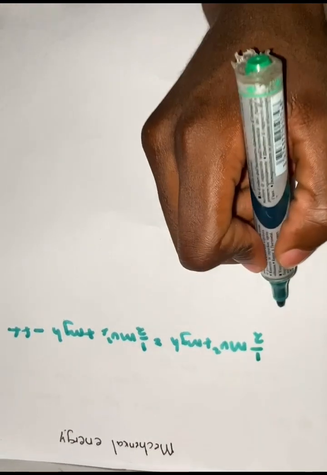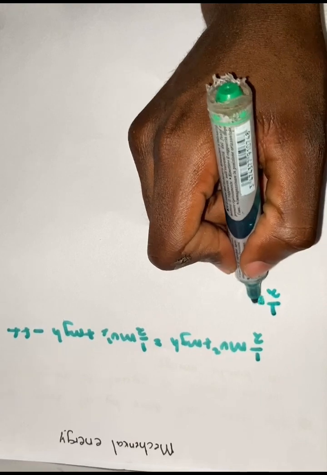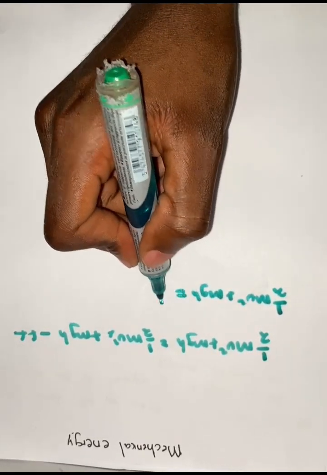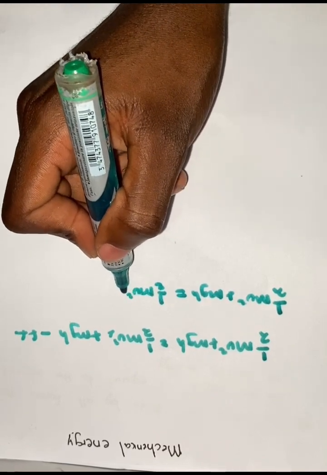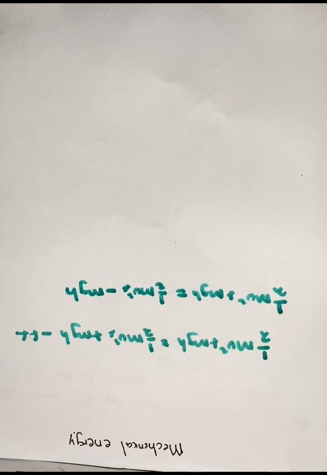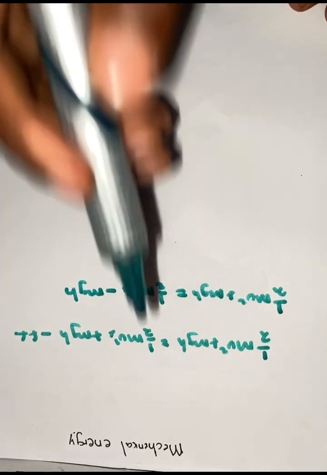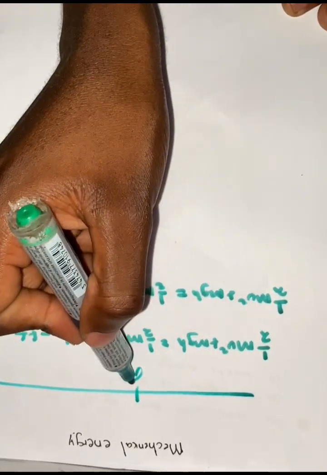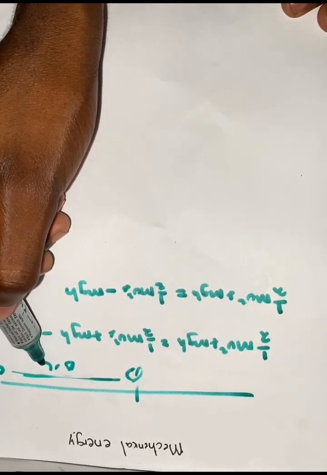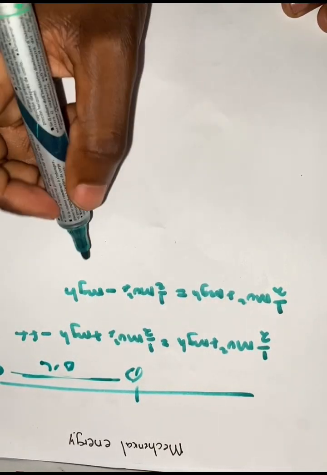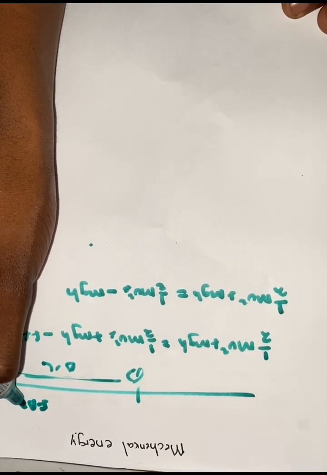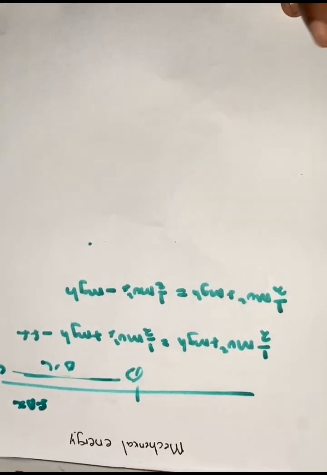This will be 1 over 2 mv squared plus mgh equal to 1 over 2 mv squared final plus mgh minus the friction force. Remember, this object has moved a certain distance from B to C, changing x. The friction force F has moved a certain distance at an angle of 0 degrees.